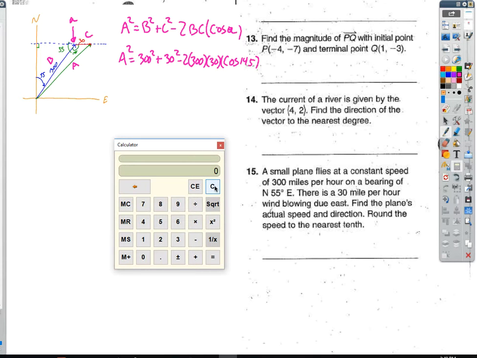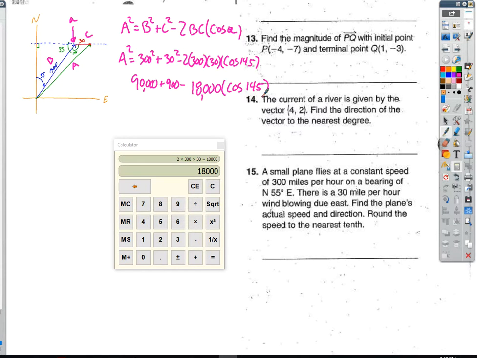So let's crunch some numbers. 300 squared is 90,000. 30 squared is 900 minus 2 times 300 times 30, which is 18,000, times the cosine of 145.